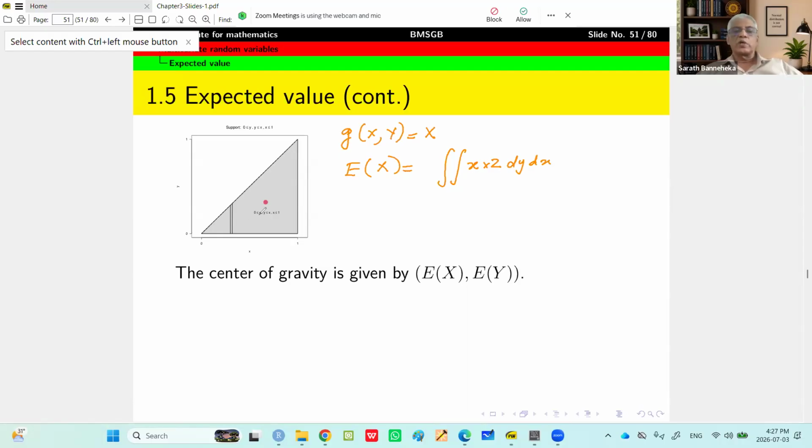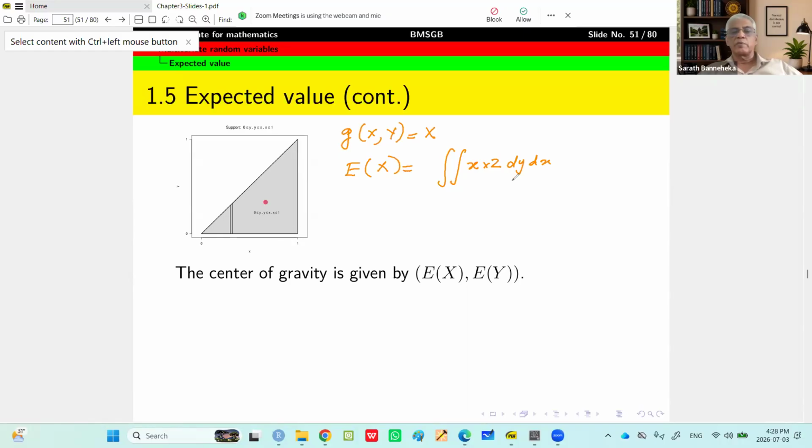We have to integrate over the whole support, of course. Therefore, I'm going to consider a vertical stripe, parallel to the y-axis, first, and integrate with respect to y from here to here, and then to cover the whole area, I will change x from 0 to 1.